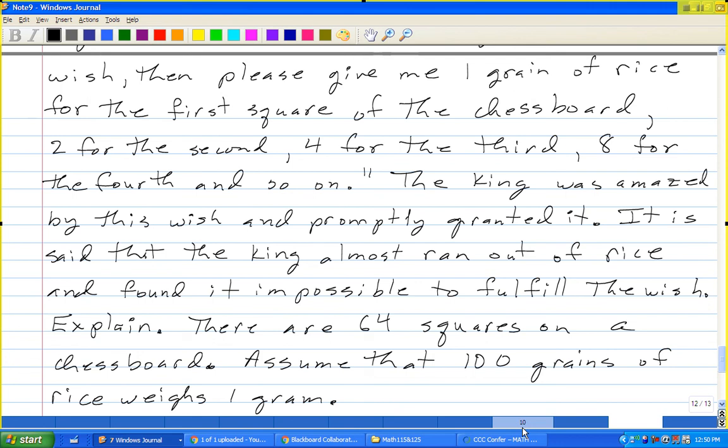So 1, then 2, then 4, then 8, then 16, then 32, etc. Currently, when it's told, say, as an old Persian tale, it's usually done in terms of dates, but grains of rice are better because it comes out to a nicer number.